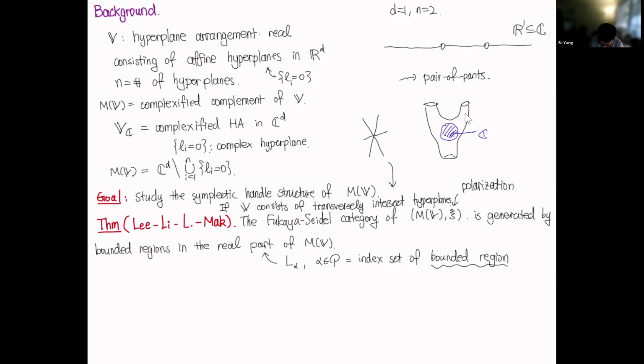But if you have something which is parallel, this is completely fine.